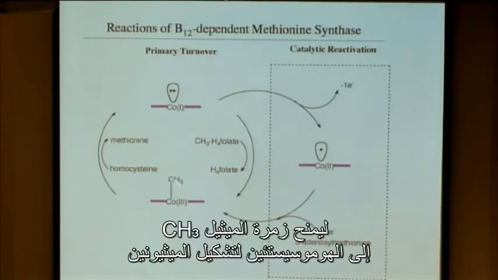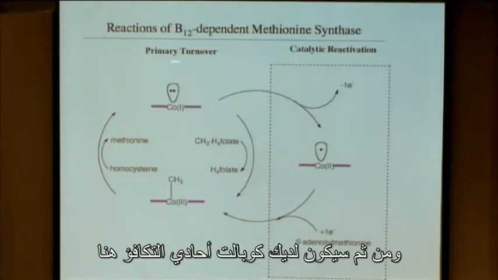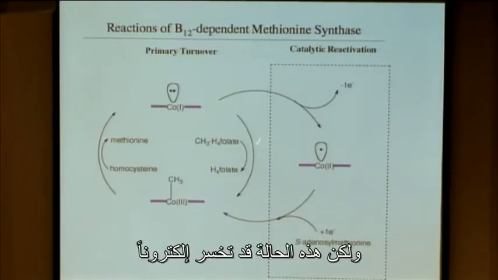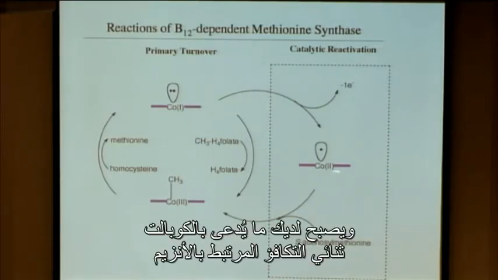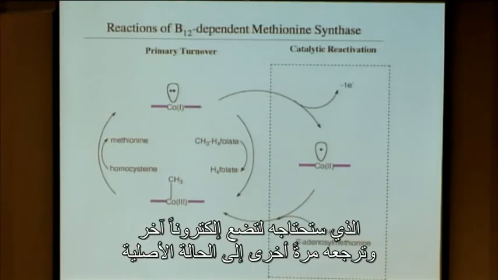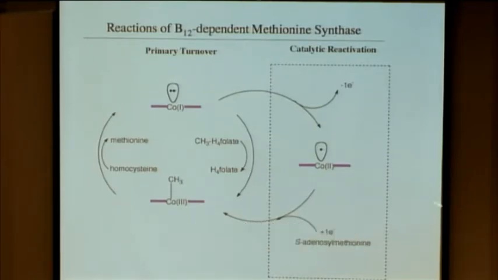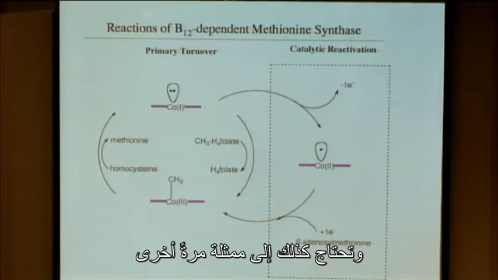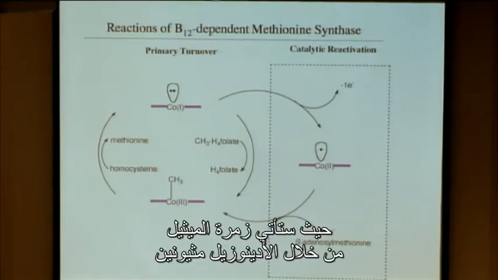It gives the methyl group, this CH3 group, up to homocysteine to form methionine, and then you're in a +1 state of cobalt here. But this state can lose an electron, and you can have what's called the Cob(II) form of the enzyme, which you need to put another electron in and reduce it to go back, and you also need to methylate it again. And the methyl group comes from S-adenosyl methionine.